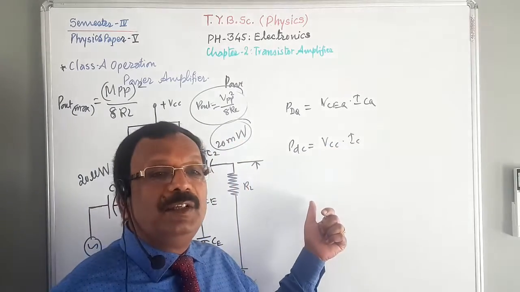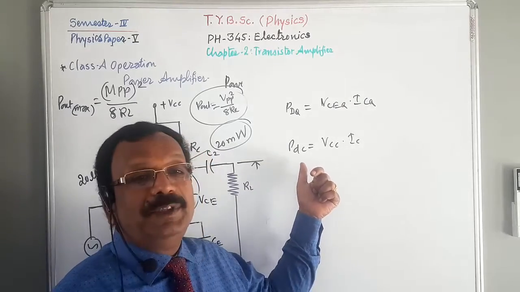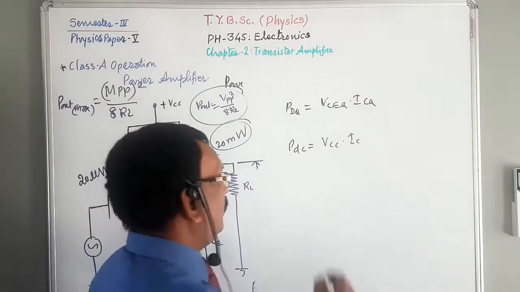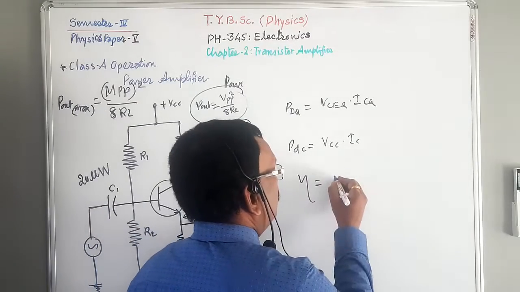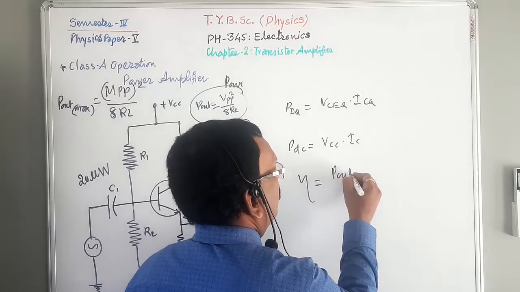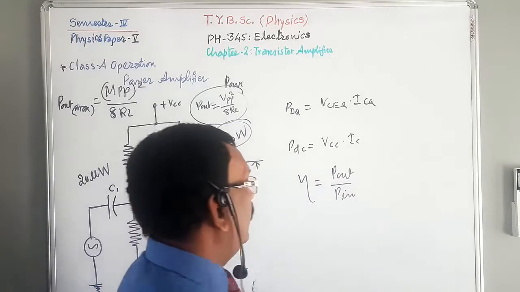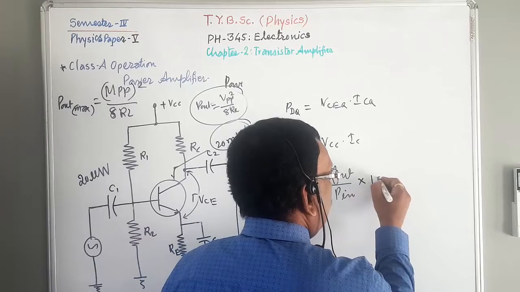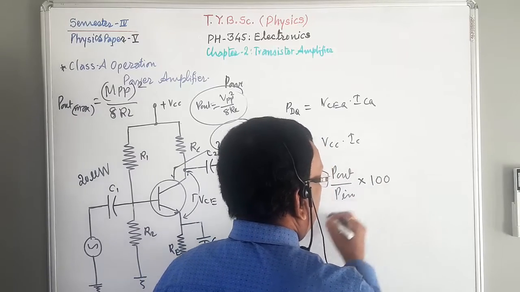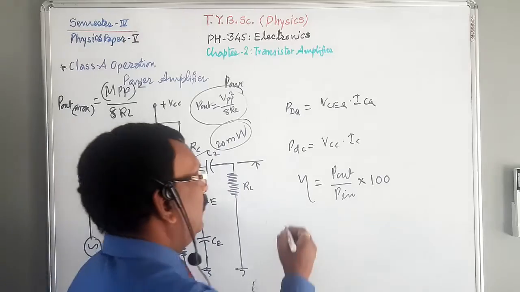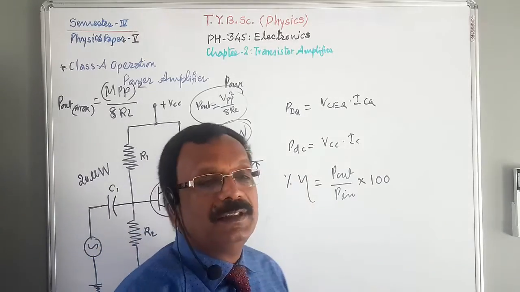Efficiency is the output power divided by input power, so eta is equal to P out divided by P in. To calculate percentage efficiency, we multiply this by 100.